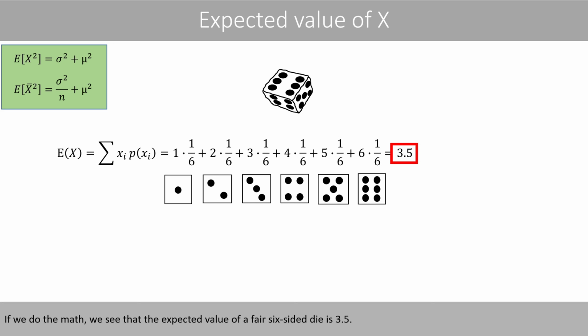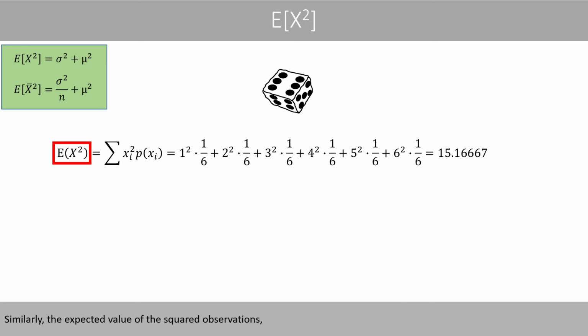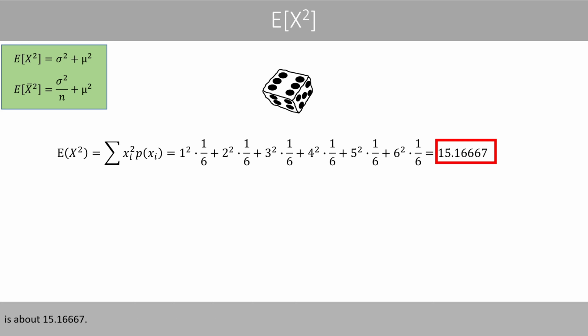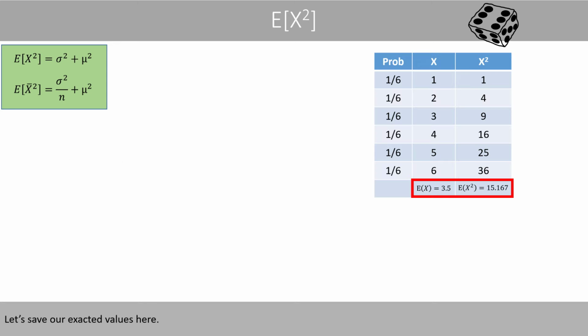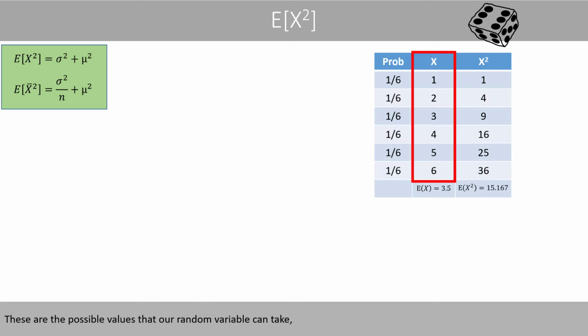If we do the math, we see that the expected value of a fair 6-sided die is 3.5. Similarly, the expected value of the squared observations is about 15.16667. Let's save our expected values here.